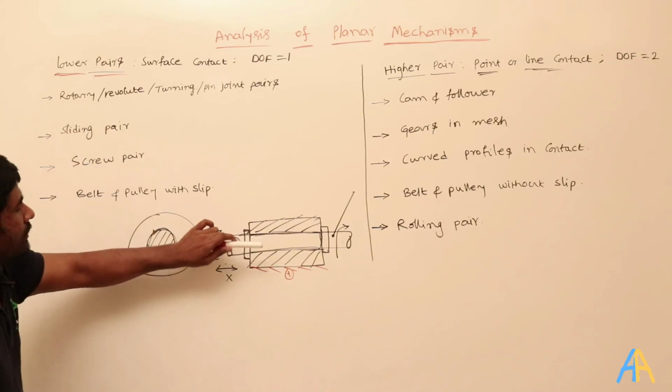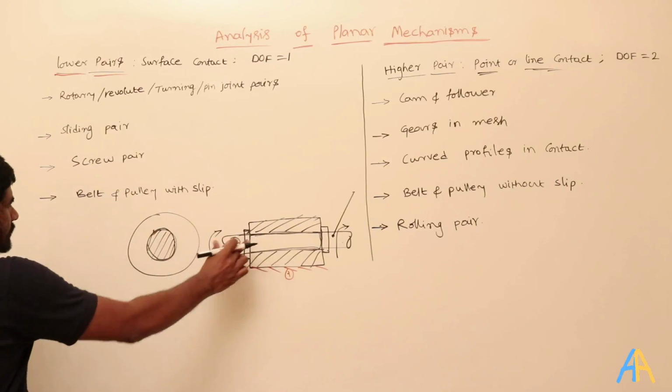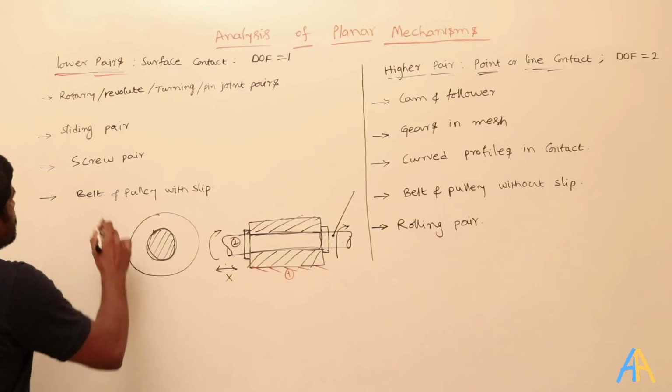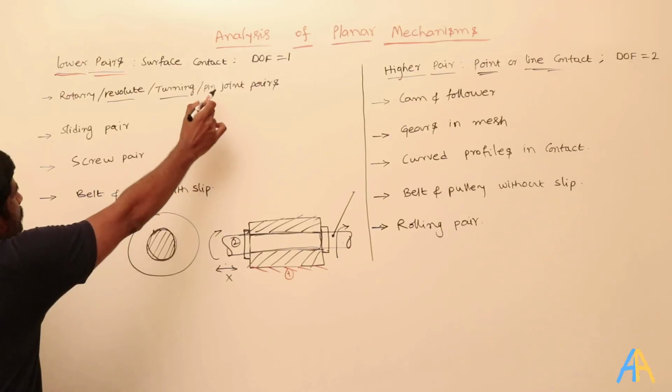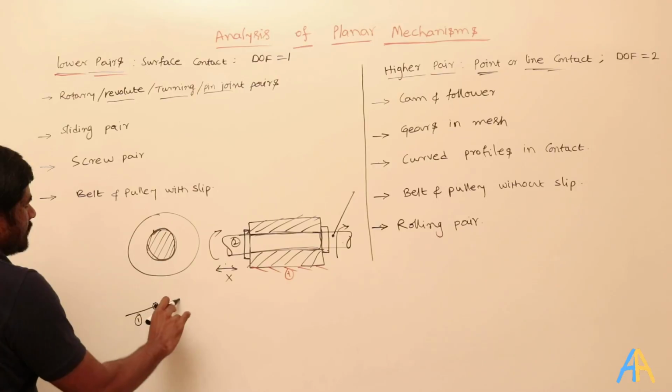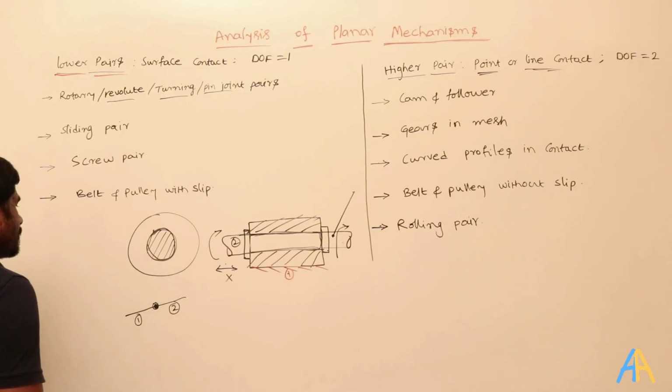If you look at this rotary joint, it will look like this. Generally this rotary joint, or revolute joint, or turning joint, or pin joint, is represented like this. For example, this is link 1, this is the revolute joint, and this is link 2. These two rotate like this.